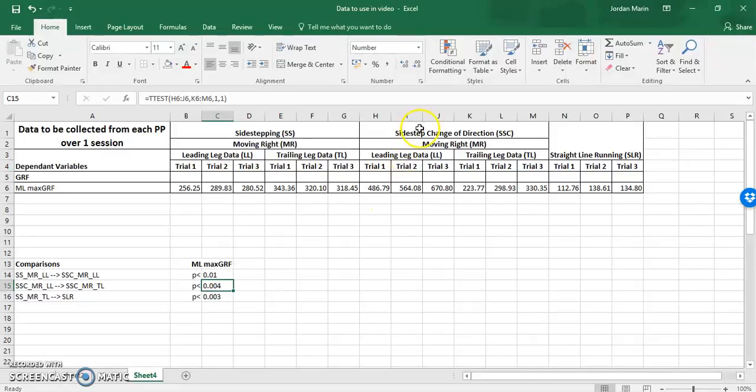And as you can see from this particular movement, the sidestepping change of direction, when it comes to actually changing in that lateral plane, horizontal plane, the leading leg contributes to the force application with the ground significantly more than the trailing leg does. And that is a very, very high significance level of P is less than 0.004.